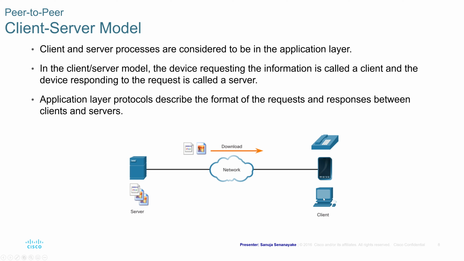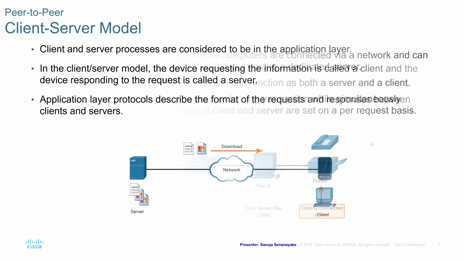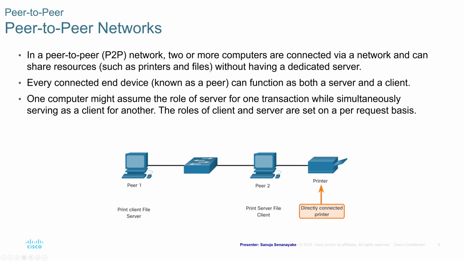We have 1, 2, 3 clients, and all of these 3 clients are connecting to this server to request information. But in peer-to-peer networks, two or more end devices are connected to each other, and they are communicating and sharing resources without having a dedicated server. So that's what makes it a peer-to-peer network.